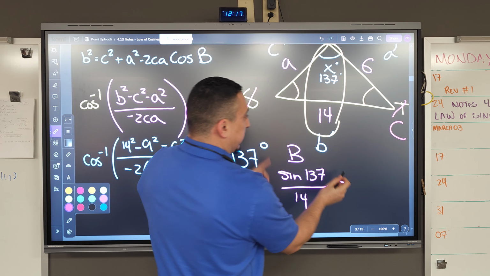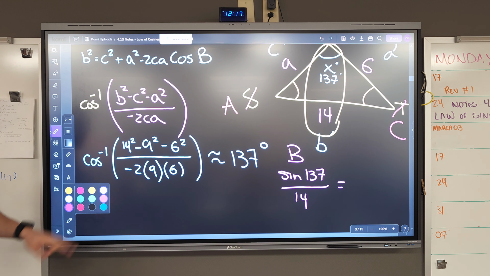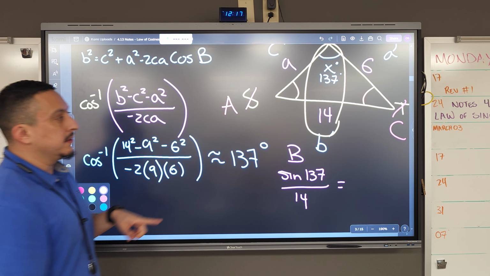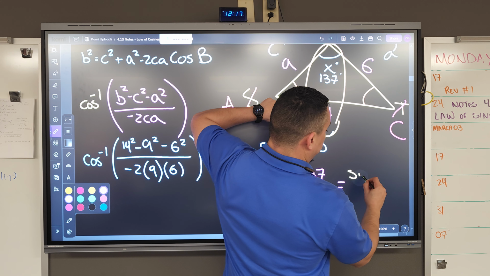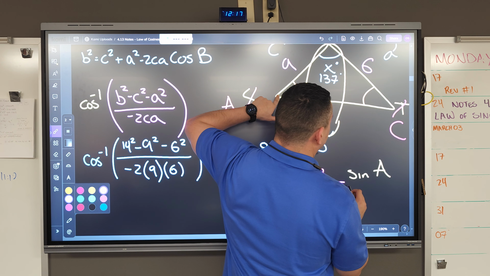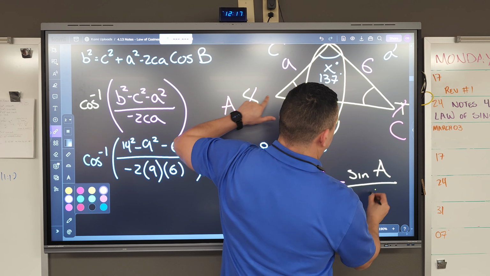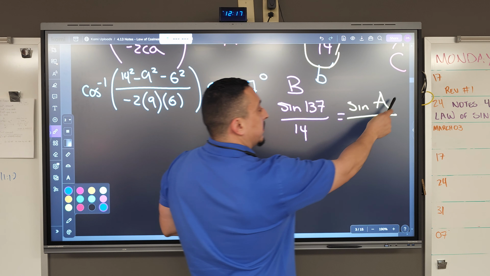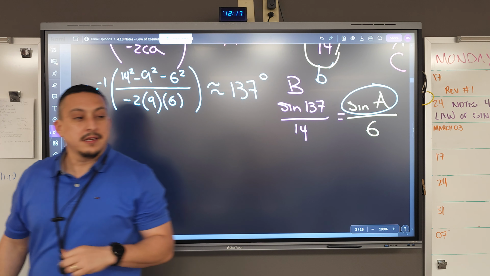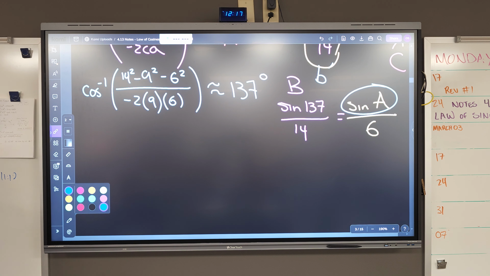We're going to need A and C, but let's focus our attention on A. So I don't know angle A, but I do know side A. And see, out of the four things, there's only one unknown. That means it's solvable. So go ahead and solve it. See if you remember from yesterday.